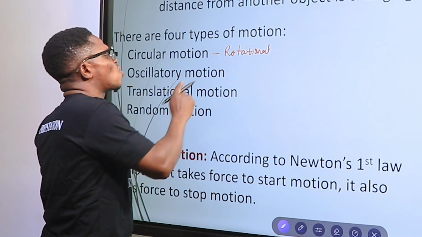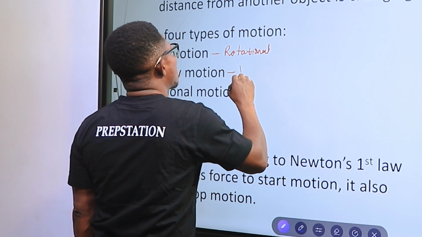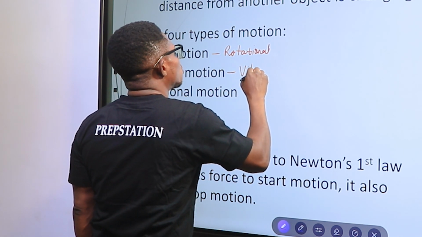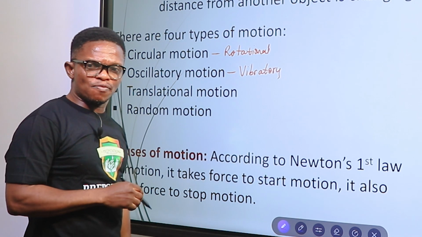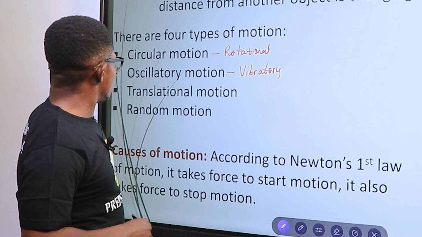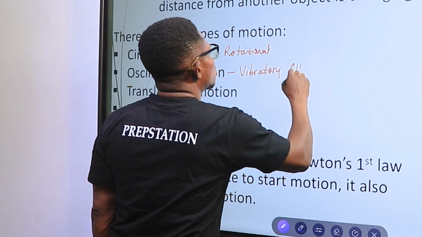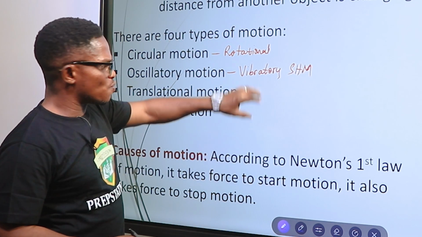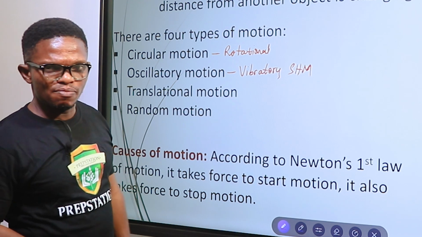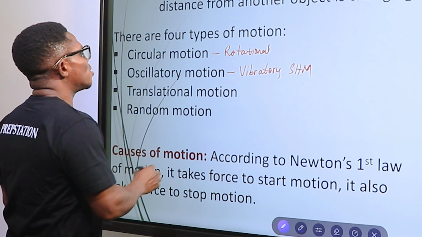Number 2 is called oscillatory. You can call it oscillatory or vibratory motion, which is known as to and fro. And then the other part of it is what is called simple harmonic motion. If the to and fro motion becomes periodical, then we can refer to it as simple harmonic motion.